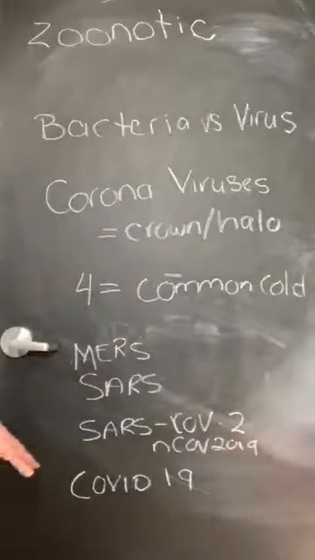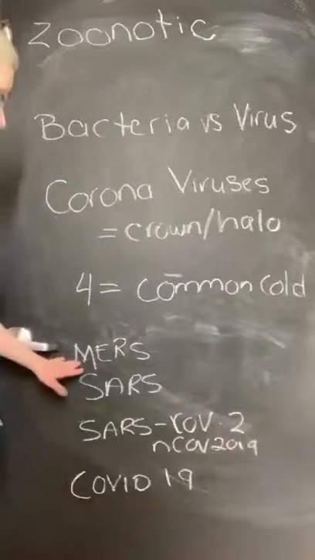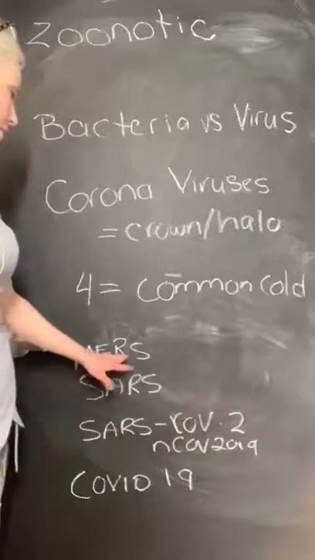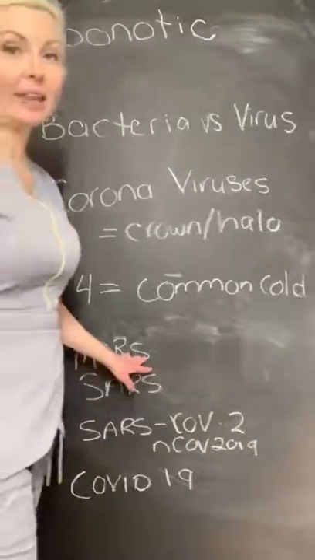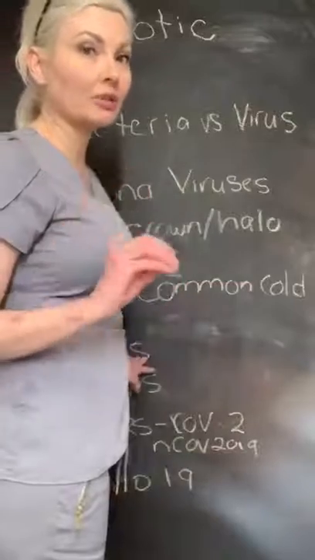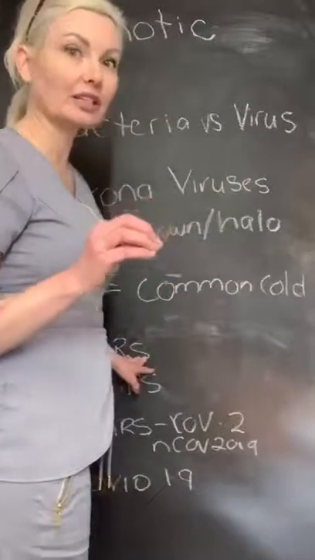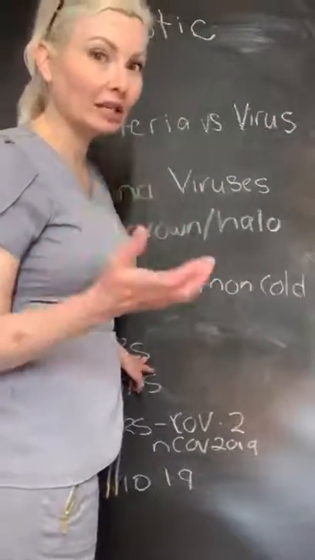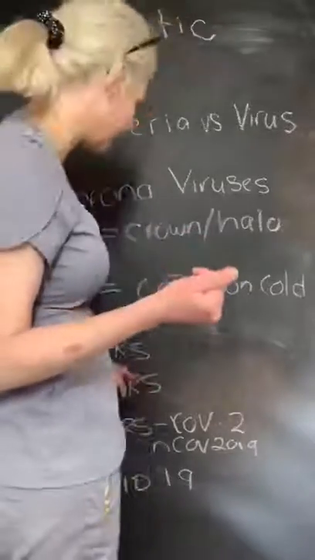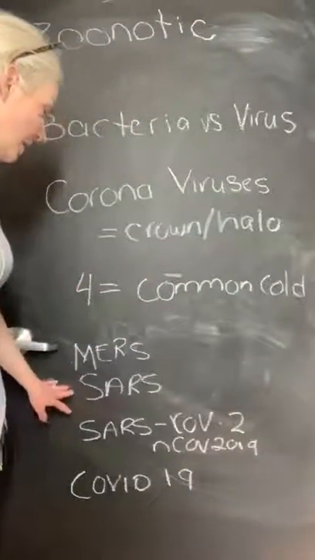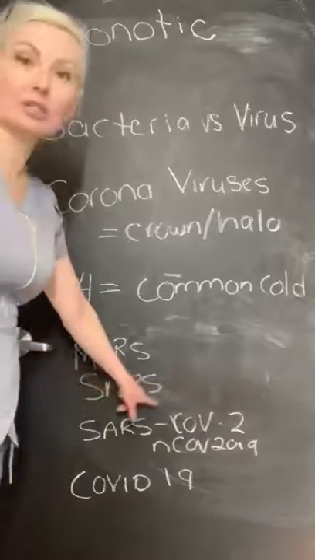The other 3 are MERS, which is the Middle Eastern Respiratory Syndrome. That was a significant problem in the Middle East around 2009. It came, we think, from camels. SARS, so severe acute respiratory syndrome.